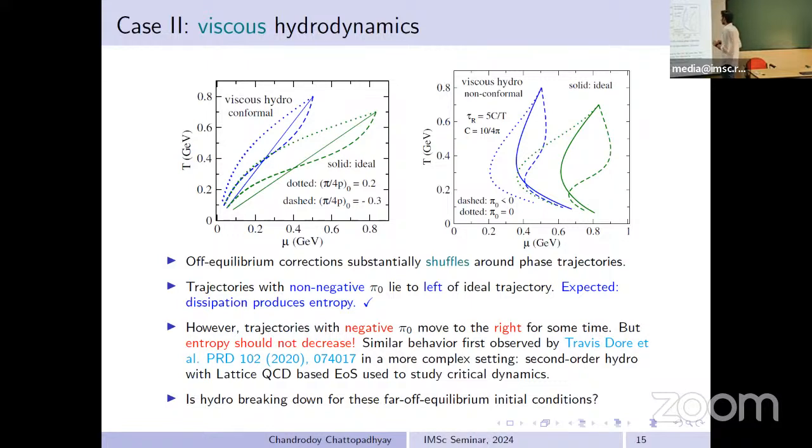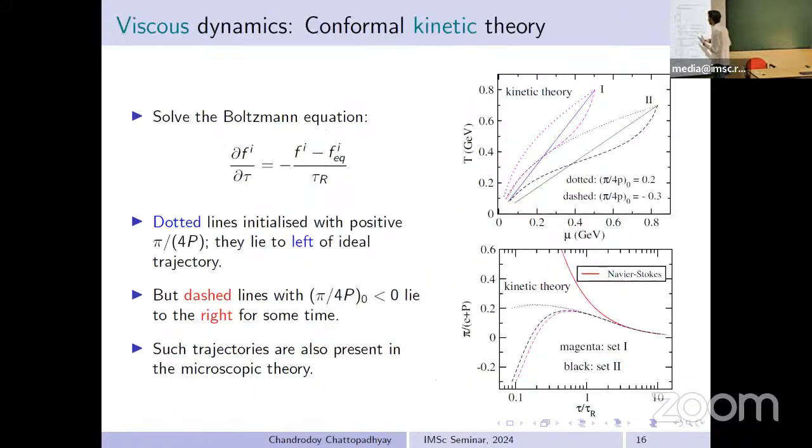The first idea was perhaps hydro is giving us wrong results in these far-from-equilibrium cases. But then we solved the RTA-Boltzmann equation from which we derived these hydrodynamic equations, and we found that such trajectories, which seem to move towards the right of the ideal curves, also exist in kinetic theory. So what is going on?